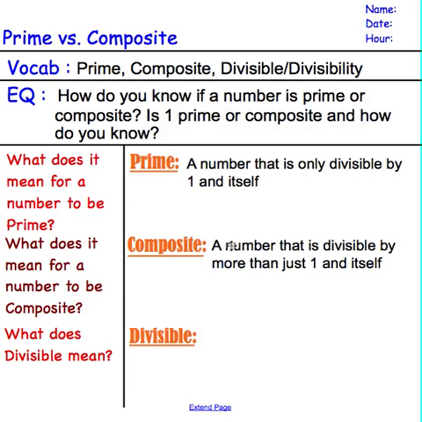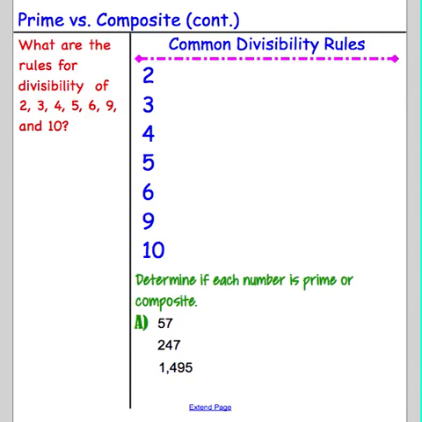And when we talk about this concept of divisibility, or being divisible, it is capable of being divided or broken apart. So knowing that, we want to go ahead and take a look at some options for prime versus composite. So in order to do that, we need to know our divisibility rules.